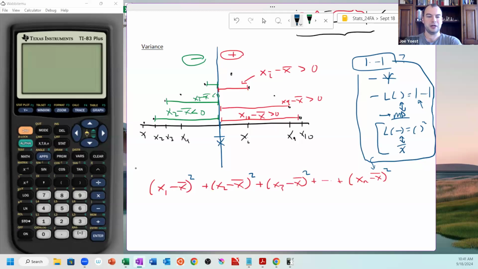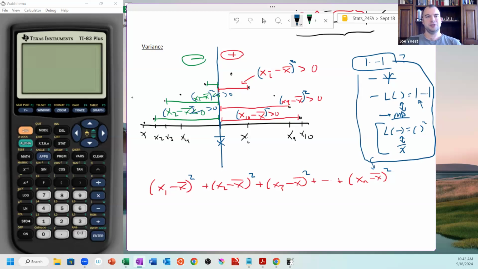If I choose to square everything, the square of a positive stays positive, but the square of a negative is positive. So by squaring everything, I make everything positive or non-negative, positive or zero. And then I add them all together. I'm adding a whole bunch of positive numbers together.